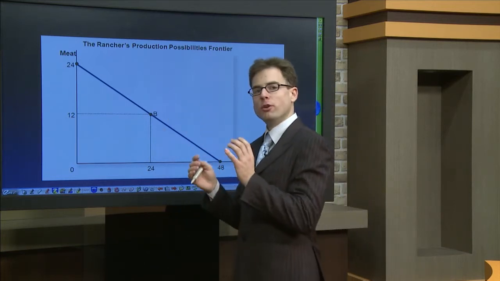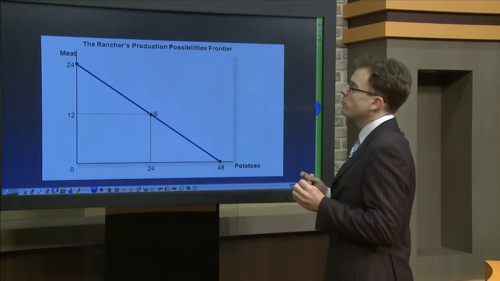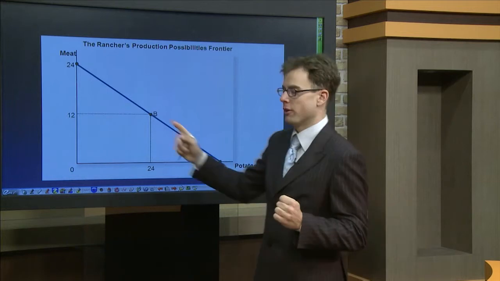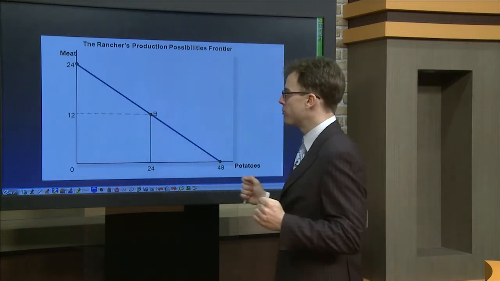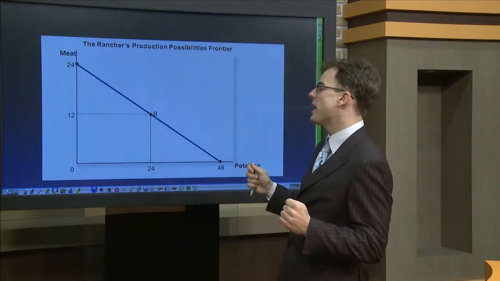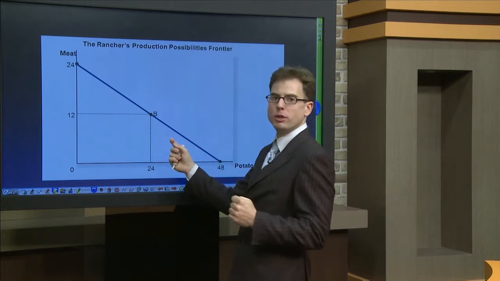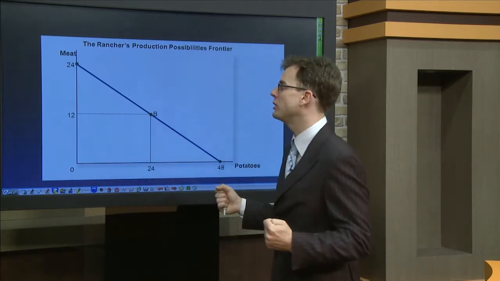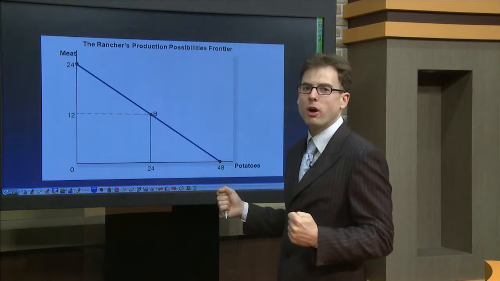Now, notice that the farmer's production possibilities frontier was flatter. That implies that the rate of trade-off between the production of potatoes and the production of meat is different for a rancher than for the farmer.